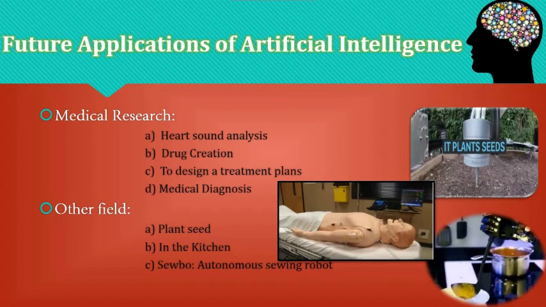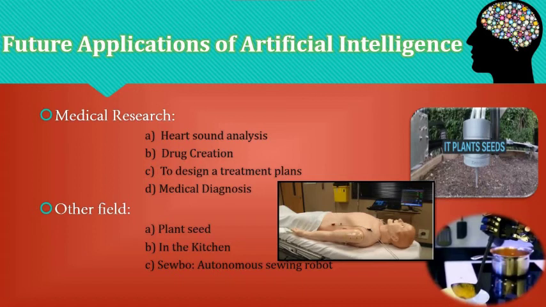But let me tell you, a big sector where we can use artificial intelligence is medical research. Machines are used in R&D. It can be used to diagnose your whole body, to make a proper treatment plan, and artificial intelligence is also used in drug creation.